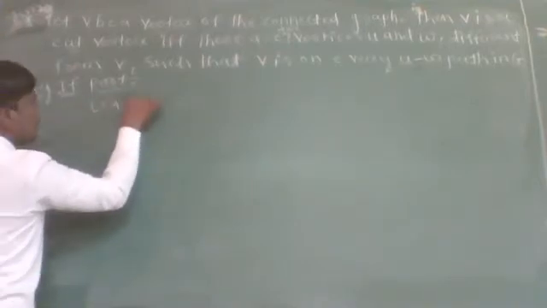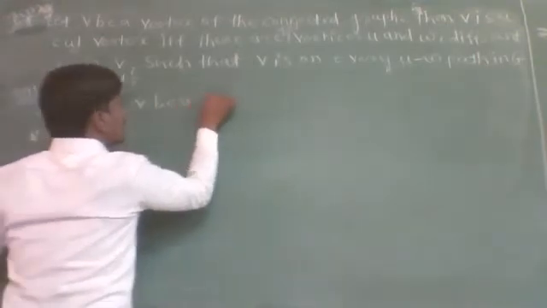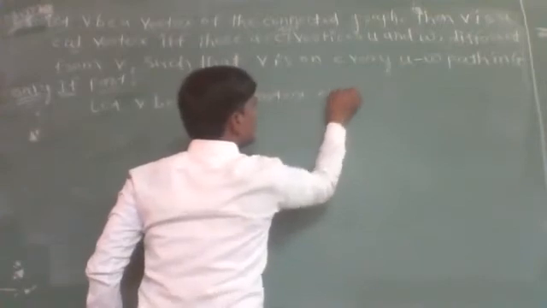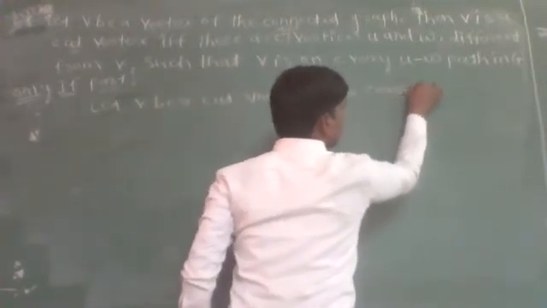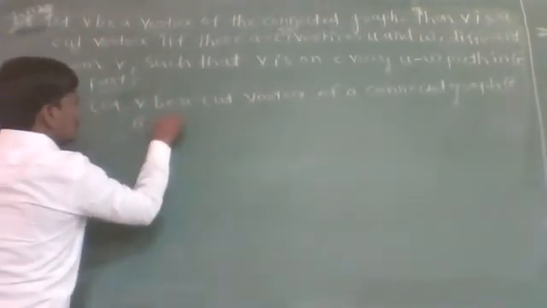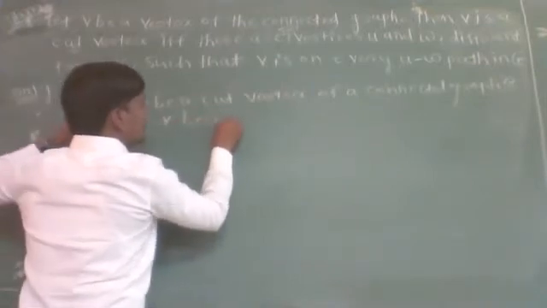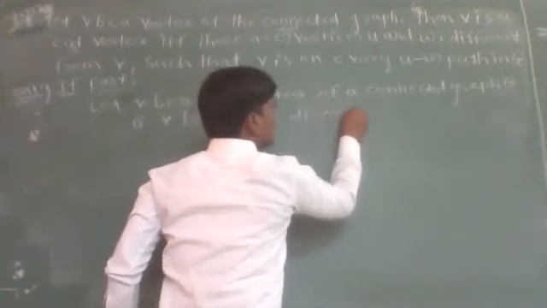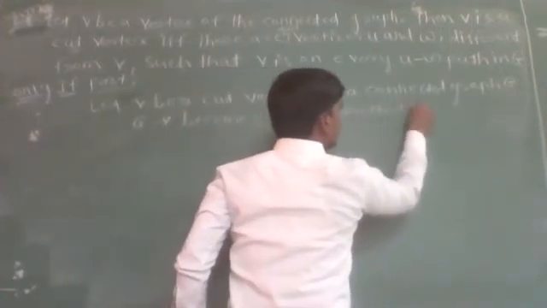In the first step, assume that V is a cut vertex of a connected graph G. As V is a cut vertex, by the definition of a cut vertex, G minus V becomes a disconnected graph.